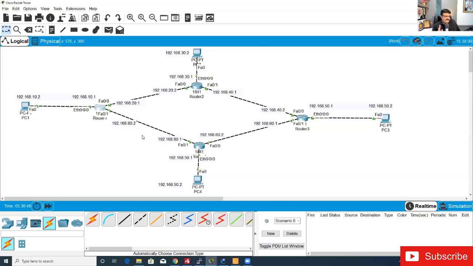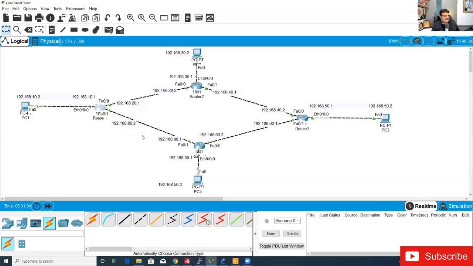So now my question is, what about OSPF? Yes or no? Now type for OSPF yes or for OSPF no, so I can differentiate which particular protocol you are talking about, right?